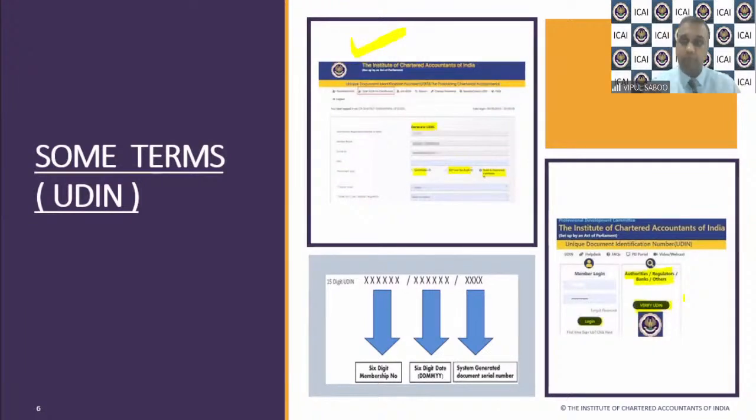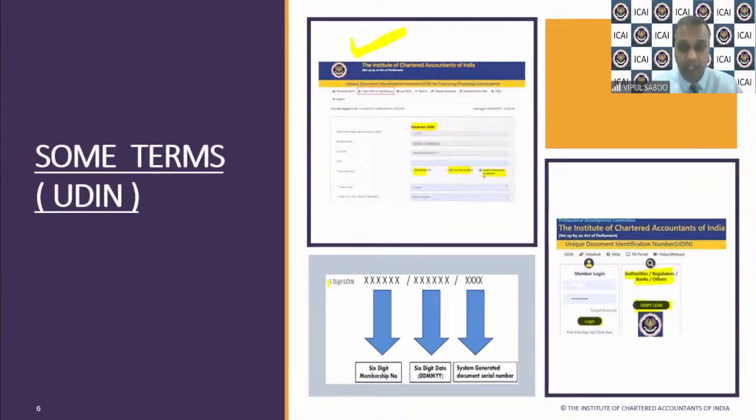They have to give in some details, just the UDIN number and their details, and the portal will display those figures which the chartered accountant had given while generating the UDIN. If they match with the certificate issued, that proves the genuineness of the certificate. So this is how we could trace the malpractices.